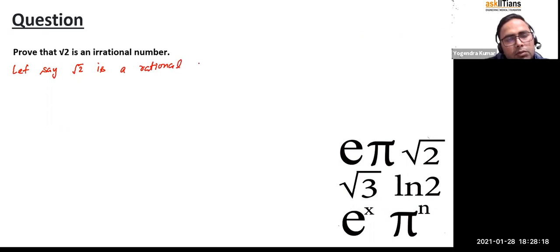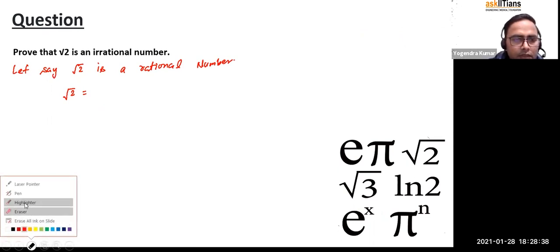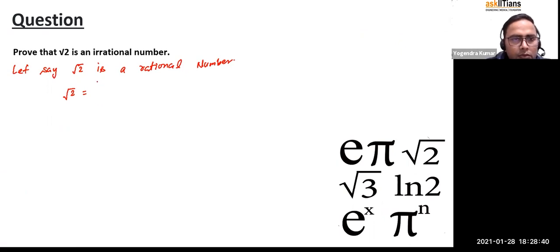I'm assuming it to be a rational number, right? So if it is a rational number, I can write it in p by q form. I can write a by b also, but let me take p by q only because all the definition is given in that form.